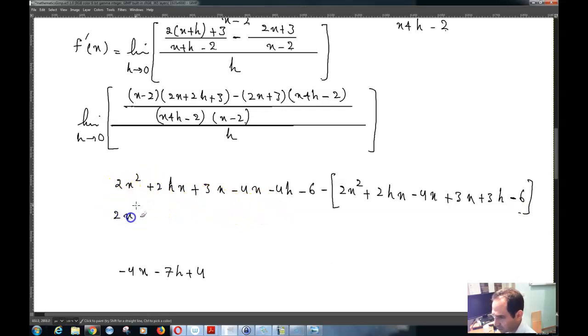So that is 2x squared minus x plus 2 times hx minus 4 times h minus 6.